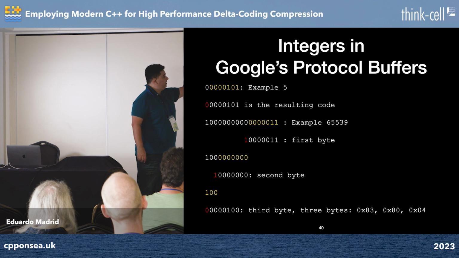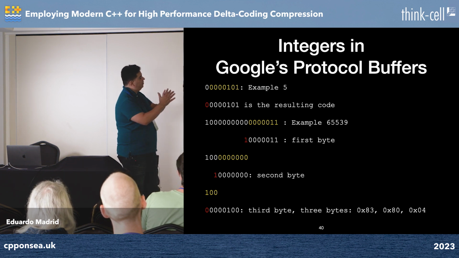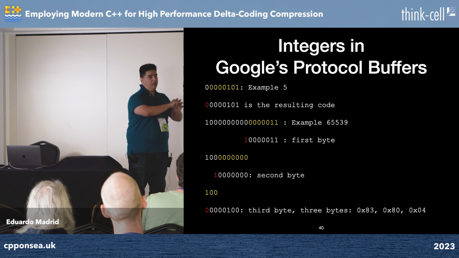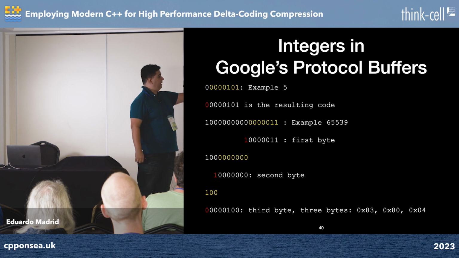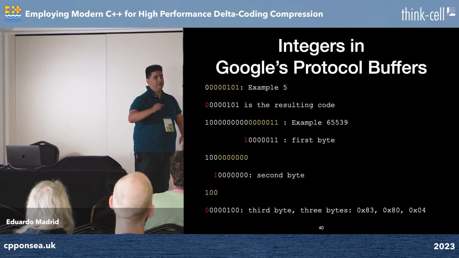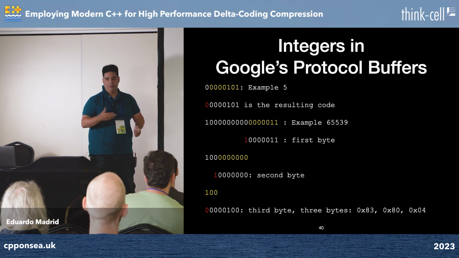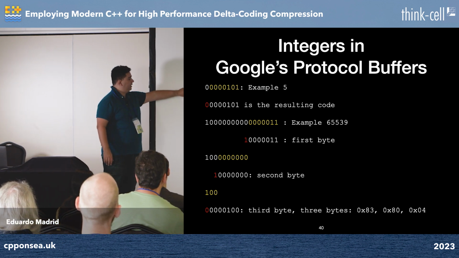I am setting in yellow the part of the input that is going to be copied directly to the output, to the code, because it is the 7 bits that are allowed to be encoded per byte in this encoding.